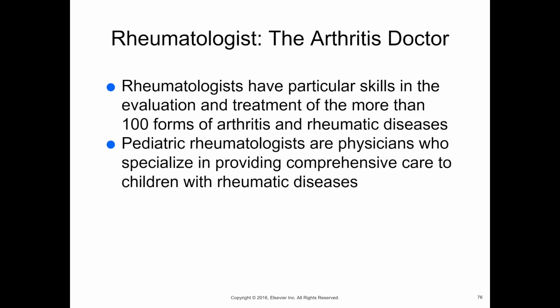So rheumatologists, again, are highly specialized people, a highly specialized form of internal medicine. I found that a lot of rheumatologists are incredibly intelligent people. The major unfortunate thing about rheumatology is that a lot of rheumatological conditions persist throughout the person's life.